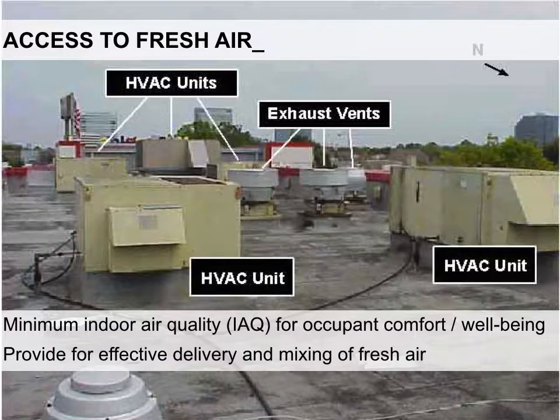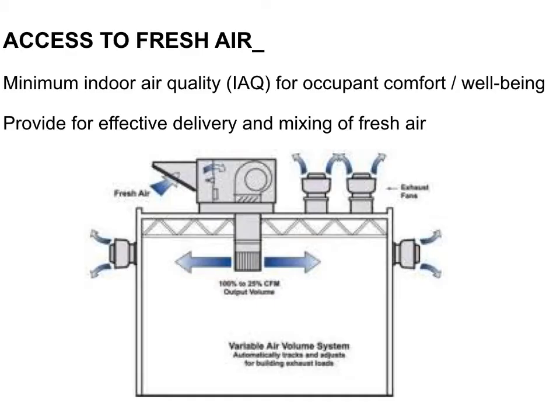And then also there are these major building exhaust vents. So this is where air is coming out of your building. A lot of that is where there is some sort of effective delivery for mixing of fresh air. And they normally come into the building and leave the building from units that look like this.